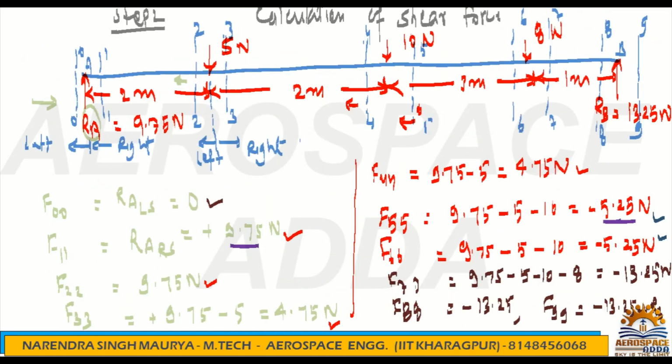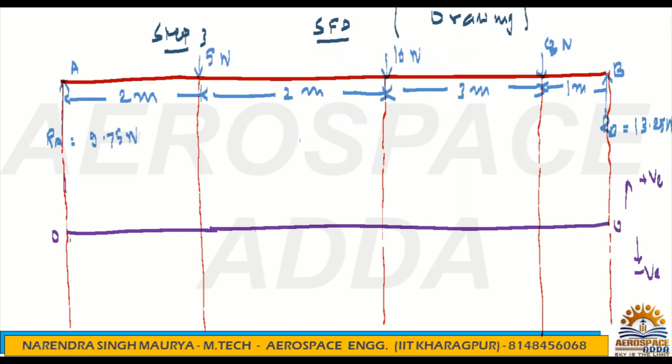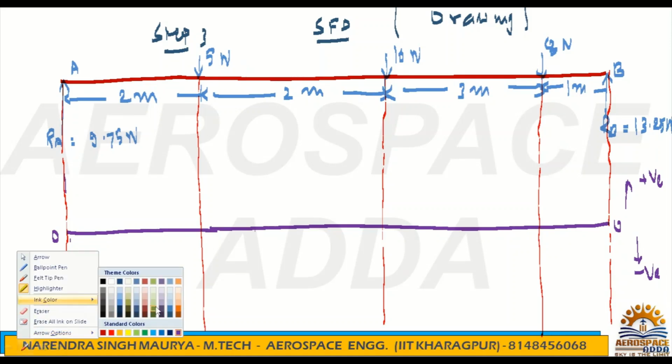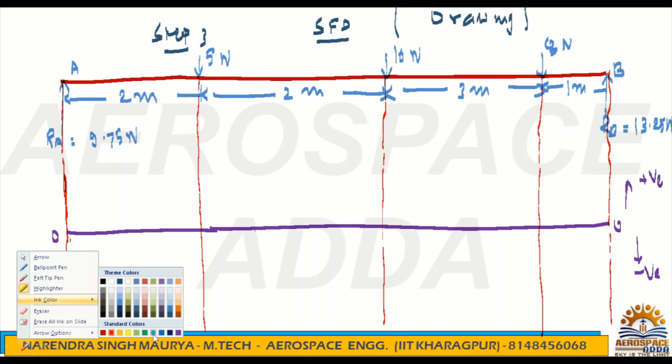So once you want to show the shear force at point Ra, Ra is in the upward direction, positive, 9.75 Newton is positive, so you are going to draw on the positive side one line, something like this. Okay, I should draw with another color, like this.